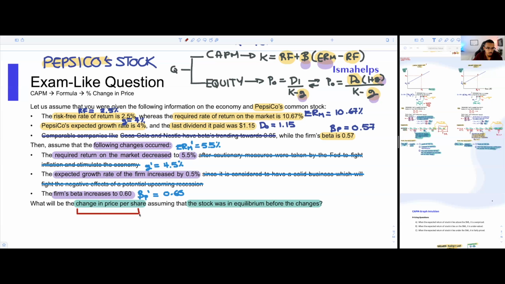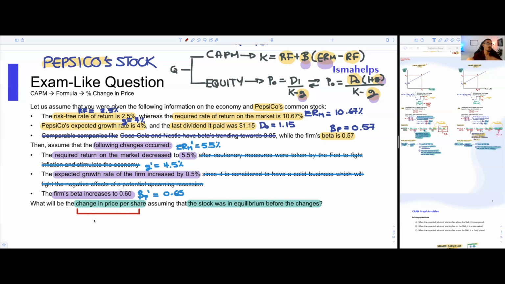Now already, for you to find this magic number, you would have to solve for the price in 2 different scenarios, right? Because we want the change. What is a change? It's something that existed in the past that changed to something else, and you're going to measure the delta between the two. Not the sigma, there's a delta, my bad.